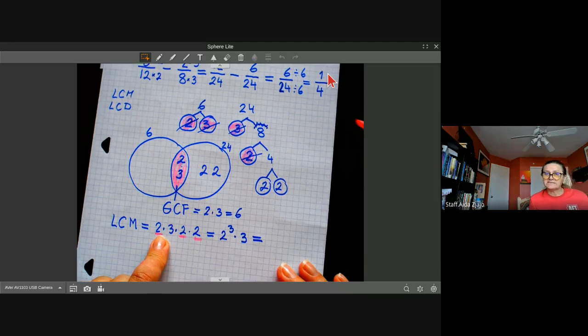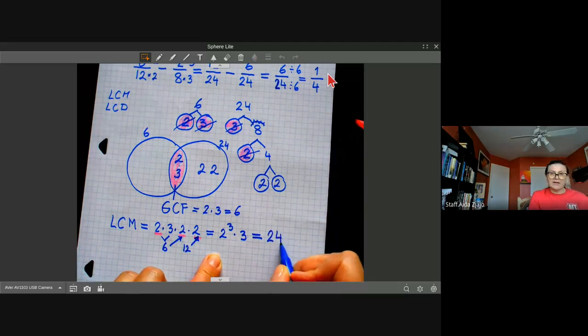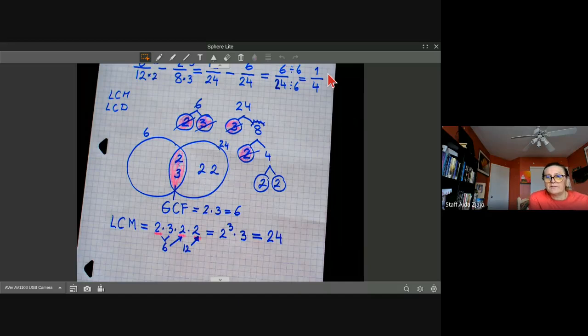Come on, guys. 2 times 3 is 6. Bravo. And times 2 is 12. And times 2 is 24. Bravo. So the least common multiple, or least common denominator, needs to be 24.